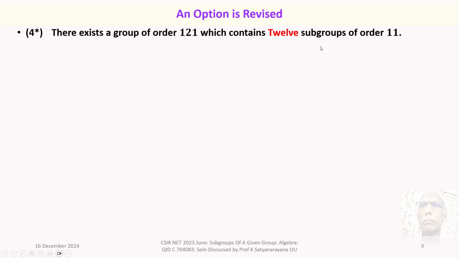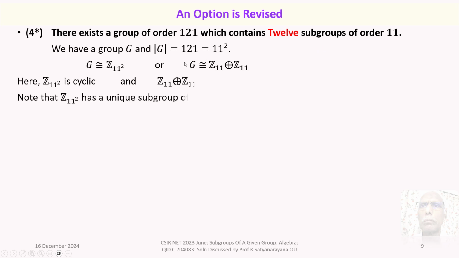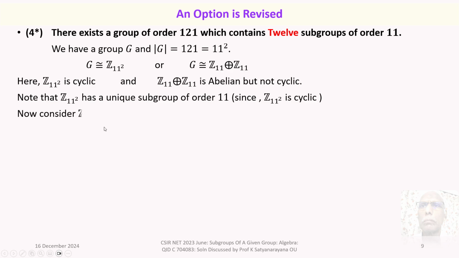Is it true? We have shown there is Z11 square and Z11 plus circle Z11. And Z11 square has only one subgroup of order 11 because Z11 square is cyclic. Therefore, that's not the candidate for us. So we look for Z11 plus circle Z11.